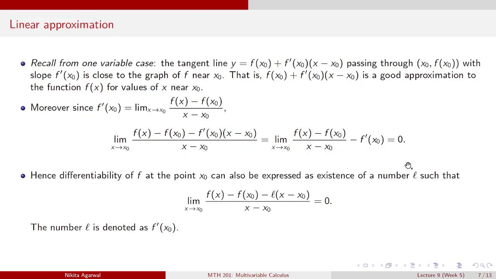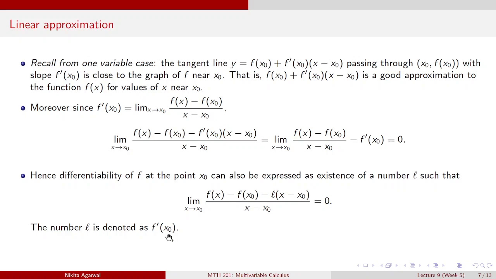So therefore, differentiability of f at the point x0 can also be expressed as the existence of a number L such that, instead of equality of these two numbers, think of differentiability as this limit being 0. And L is nothing but the derivative. So this is the notation.